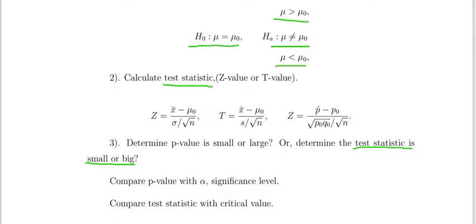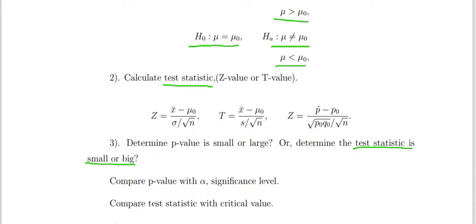If it is big, then our sample mean x bar and mu 0 differ very much. So we believe the null hypothesis, mu equals mu 0, is not so true.